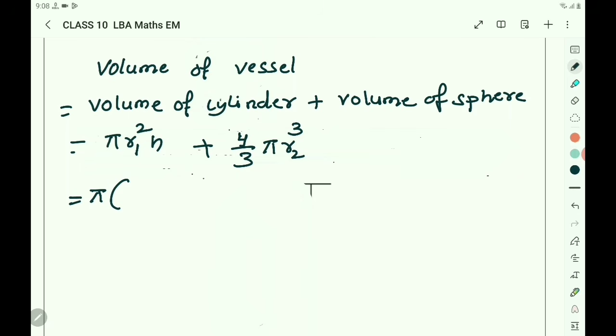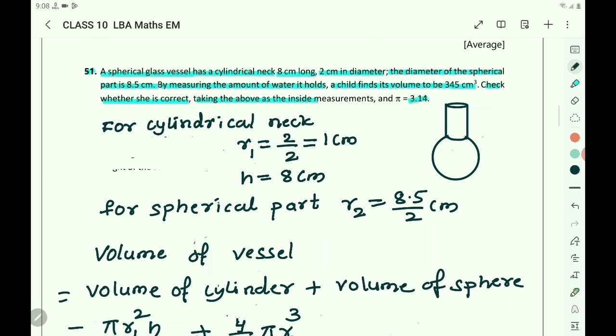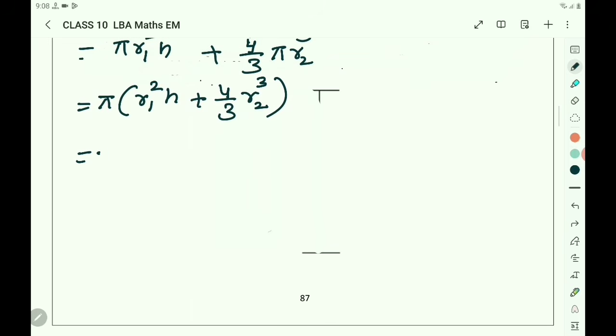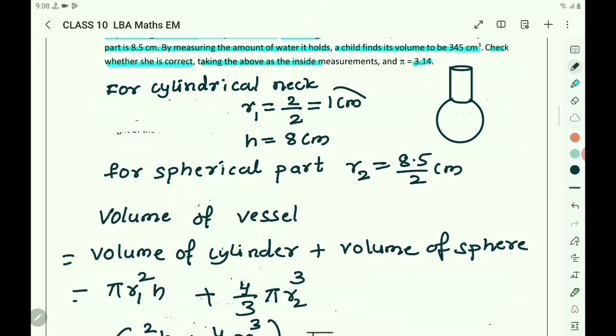In the bracket you write R1 square h plus 4 by 3 R2 cube equals, pi value is given 3.14. 3.14.